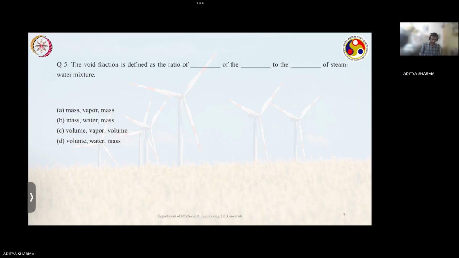So question number 5: void fraction is defined as the ratio of dash of the dash to the dash of the steam water mixture.